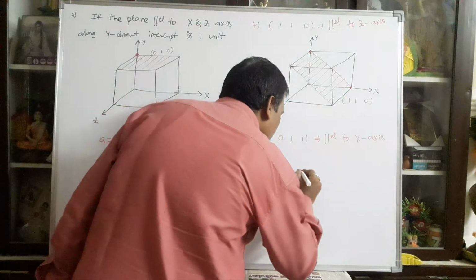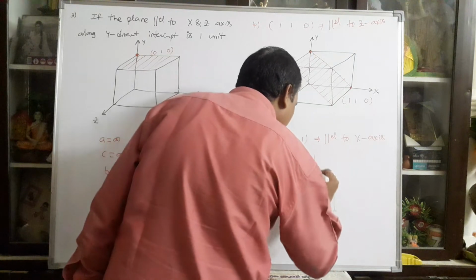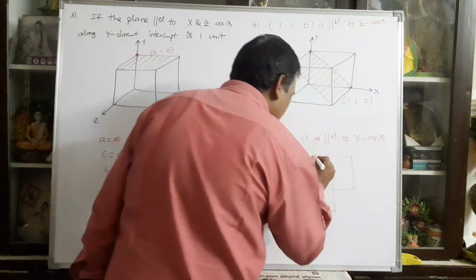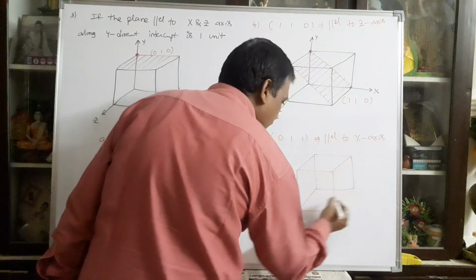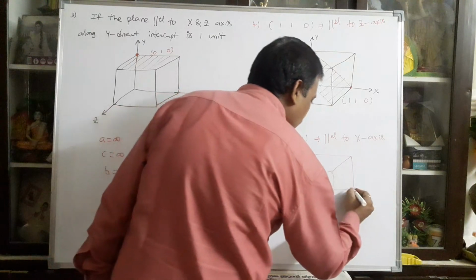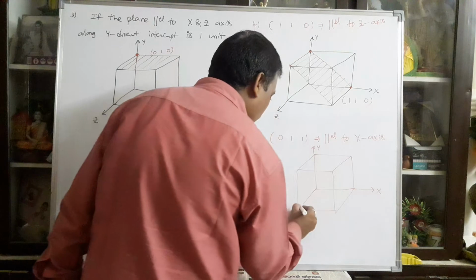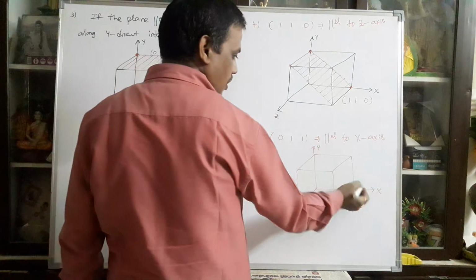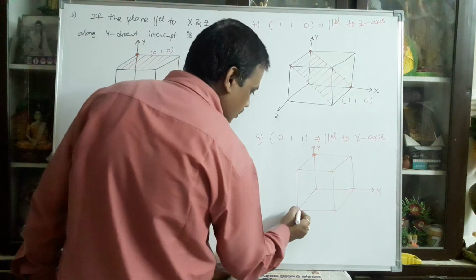You can draw one cubic structure and their crystallographic axis x, y, z. Along x direction infinity, we are not indicating. Along y direction 1 unit, along z direction 1 unit.